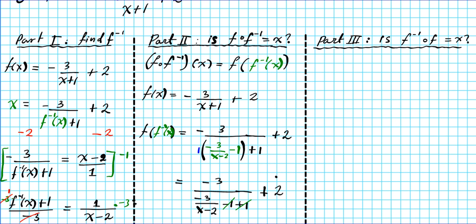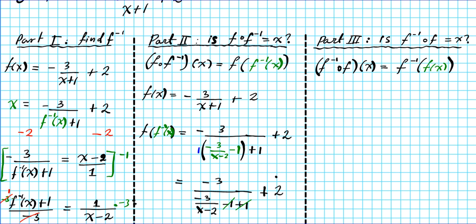Okay, let's go ahead and do it. So we will start by writing out the expanded form of this composition formula, f inverse composed with f of x is the same thing as the inverse of f of x. So what are we going to do here?